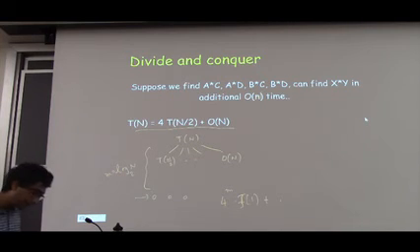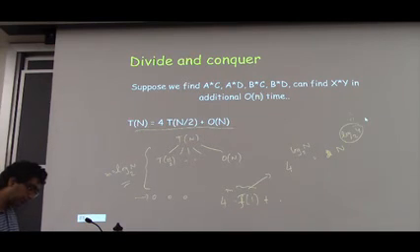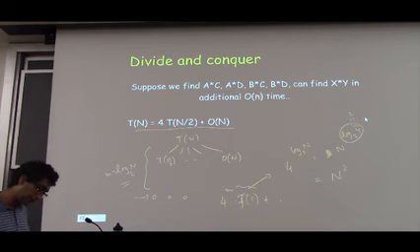And this itself is too bad, because if you plug in what m is, it's n squared. You get 4 to the log n to the base 2, which is n to the log 4 to the base 2, which is exactly 2, since 4 is 2 squared. If you don't follow this, don't worry. So this turns out to be n squared.